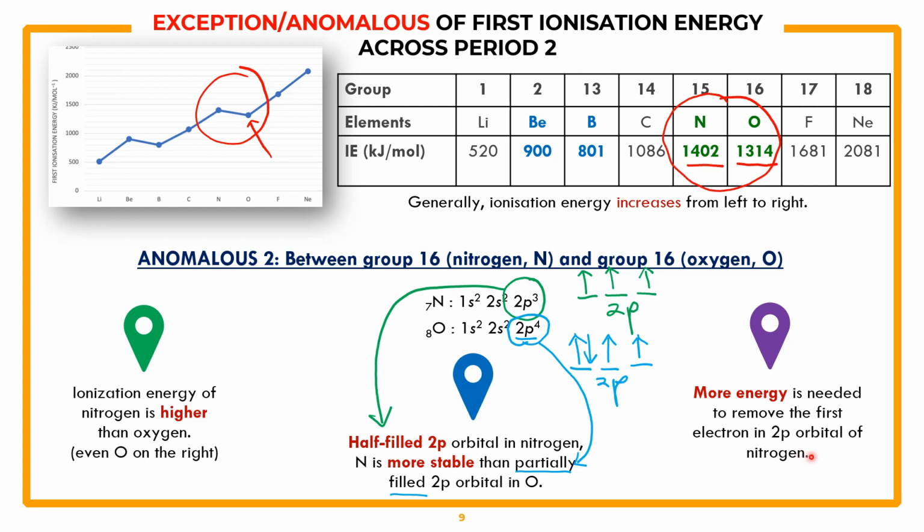Kalau ayat yang terbalik tu you boleh cakap less energy is needed to remove the first electron in 2p orbital of oxygen. Vice versa sajalah. So that is the reason kenapa first IE of oxygen is lower than nitrogen.